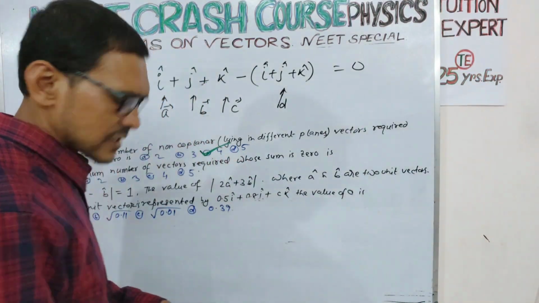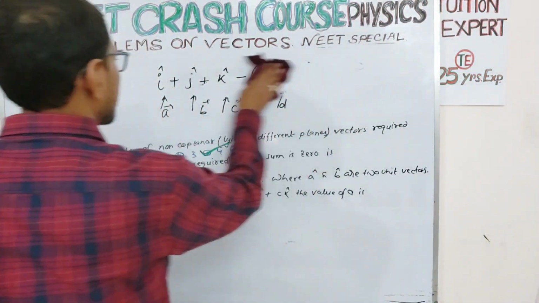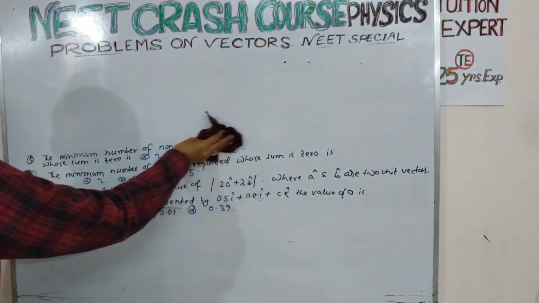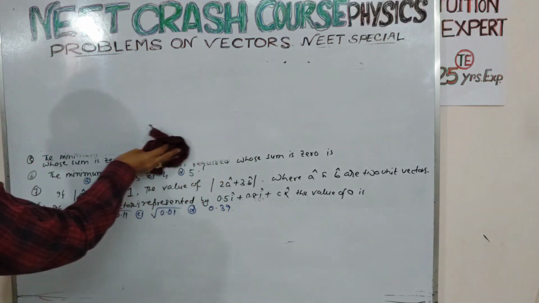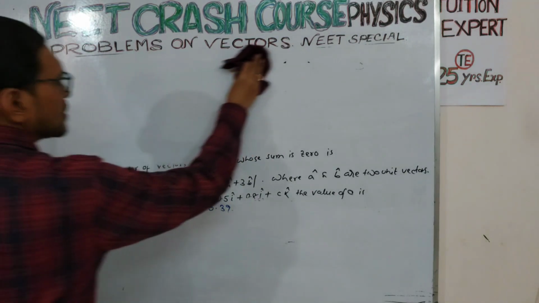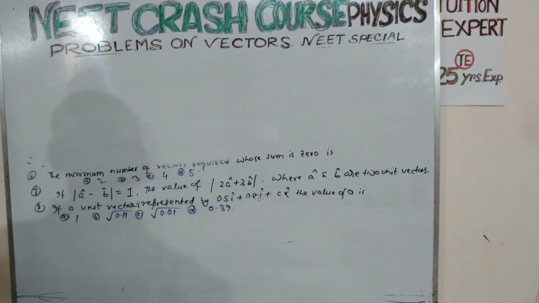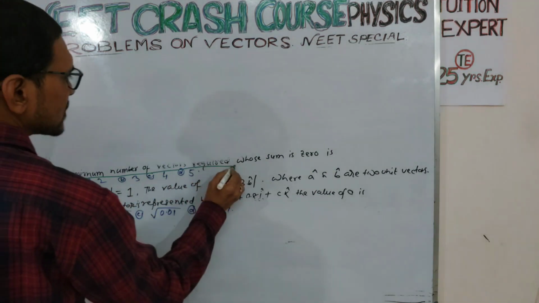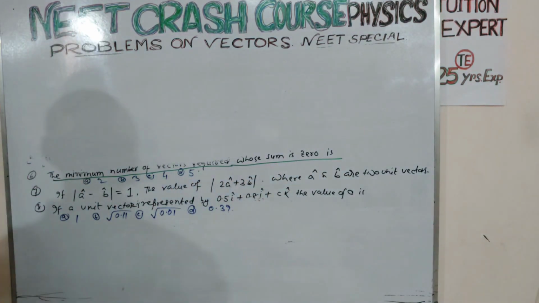Okay, next question. The minimum number of vector required whose sum is 0 is minimum number of vector required here.